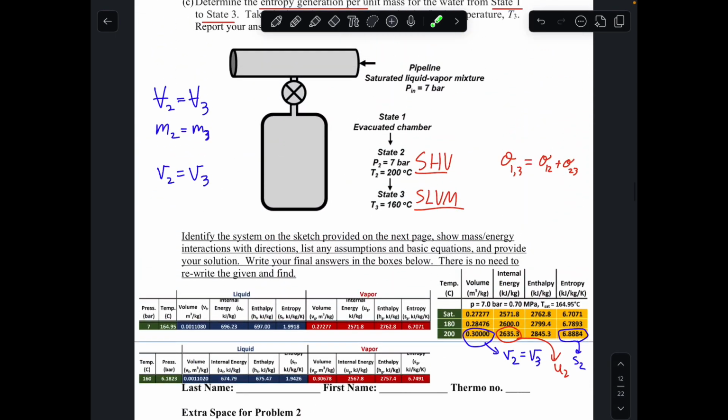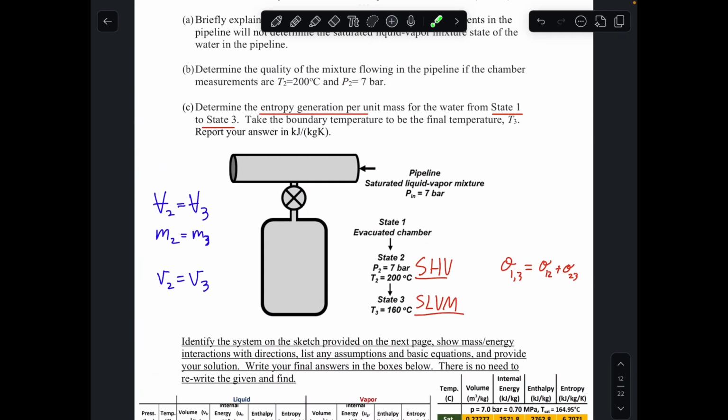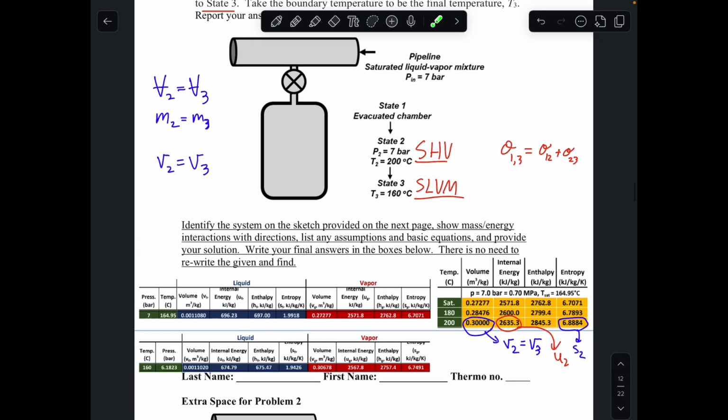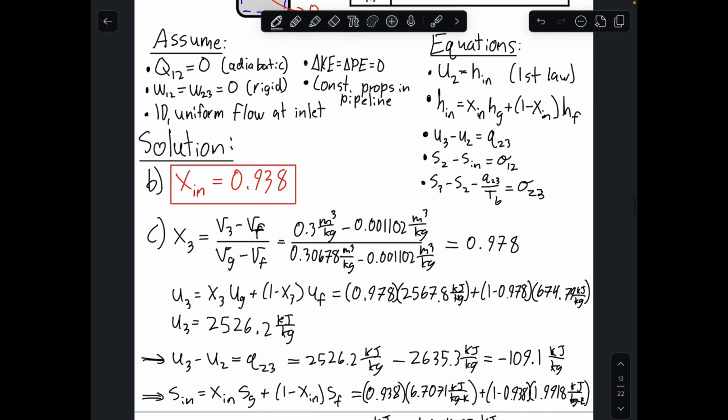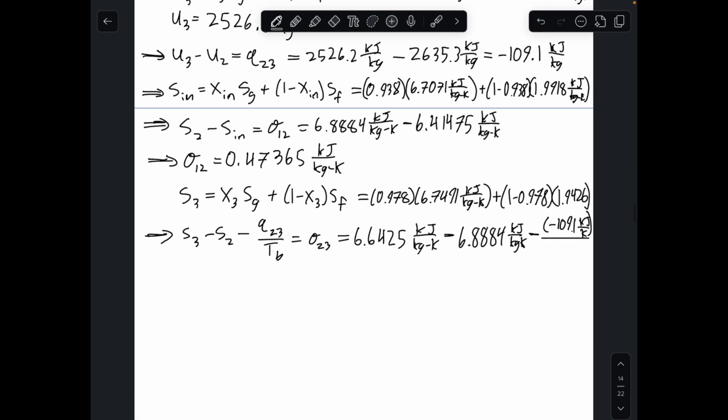And then for the cherry on top, we can't use the temperature that they gave us, because they told us to use the boundary temperature as the final temperature at state 3, but that is in Celsius. And remember, whenever we're dividing by a temperature, it needs to be in Kelvin. So we need to do one last computation to change this from Celsius to Kelvin. So here we're going to say 160 plus 273 in order to get that in Kelvin.